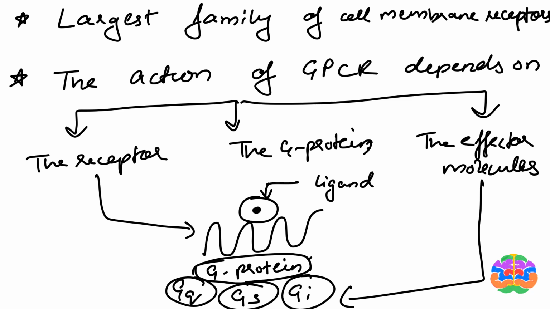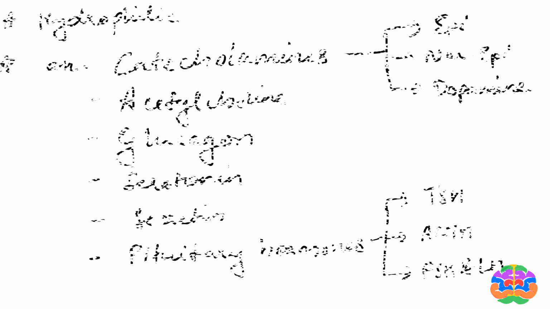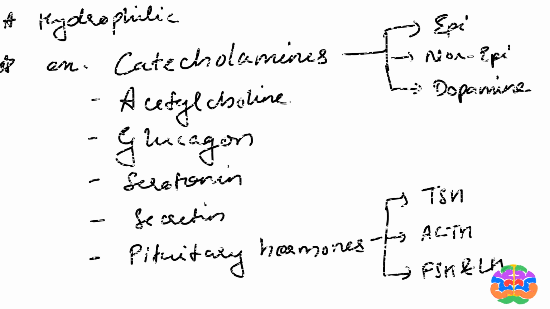So as we can see in the diagram, the ligand comes and binds to the receptor part of the G protein coupled receptor, which is attached to the G protein, which in turn is attached to three different effector molecules. Now these receptors are hydrophilic in nature.